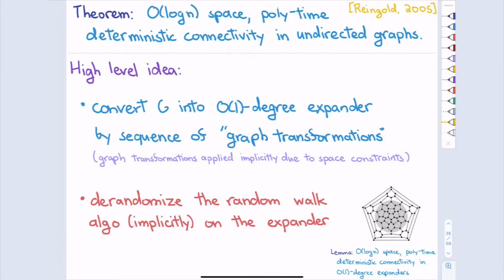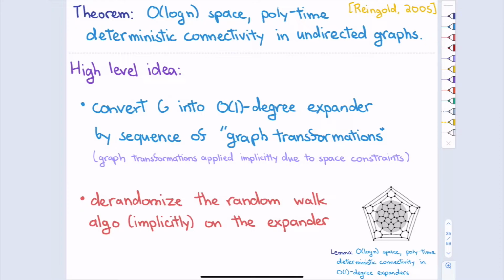But somehow we're going to take G and we're going to manipulate and adjust G. So we're going to apply graph transformations to G. So I'm going to take G, output a graph G2, and output a graph G3, and output a graph G4, and output a graph G5. And as we do so, we're going to, one, keep the degree small, okay? And two, we're going to gradually make the spectral gap bigger and bigger.